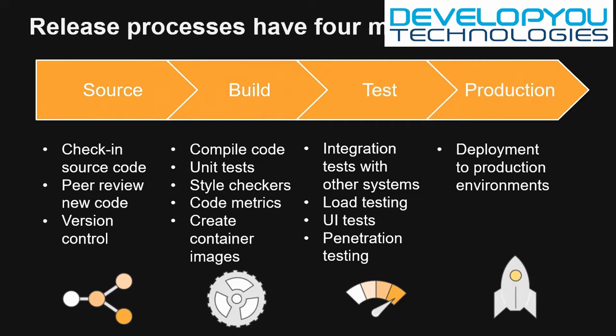Finally, integration testing across different systems, and then production, which is deployment in production. In this process, every step involves a different group. Source management group, peer reviews. Who is going to do peer reviews? Seniors will do the peer reviews.